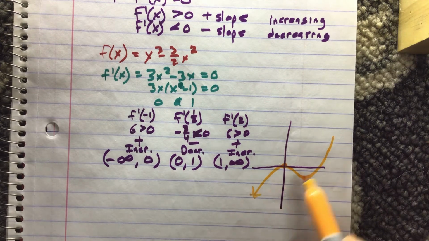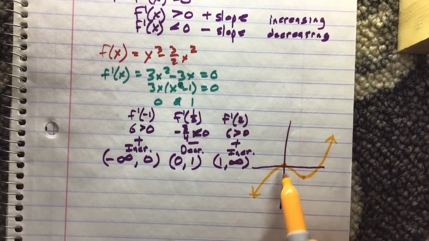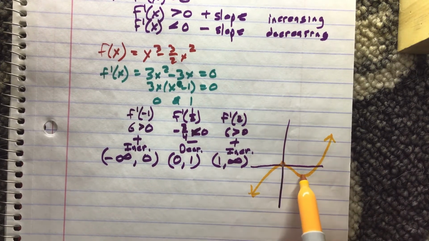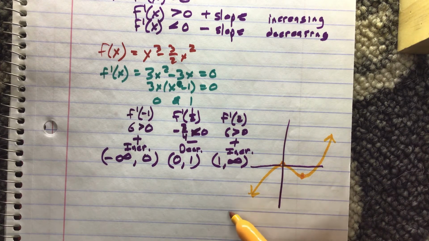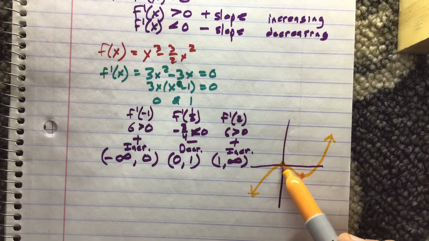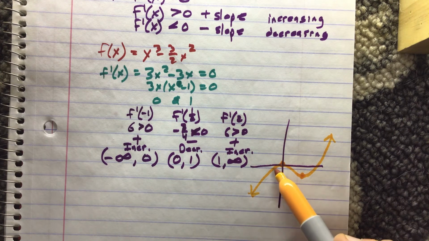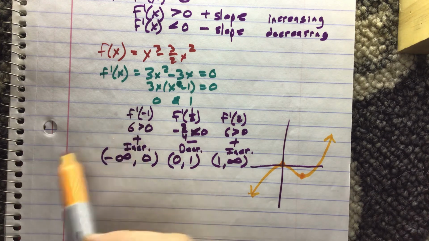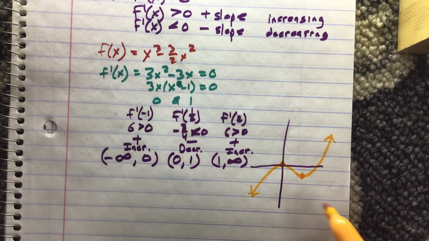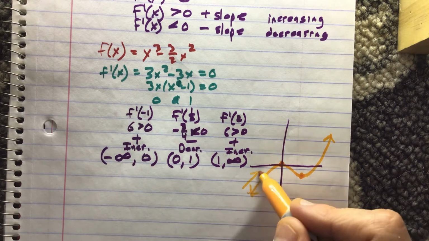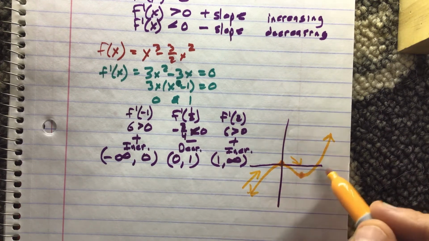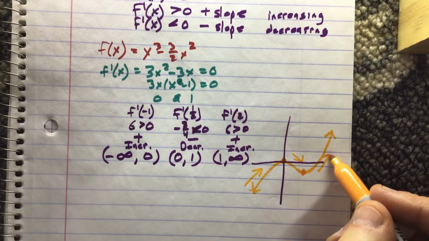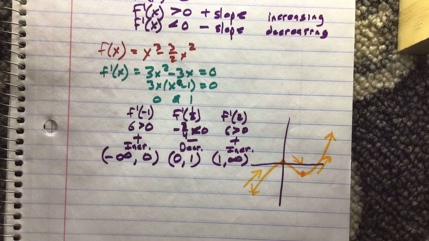Because those are the only two critical points, it's the only time that the slope is 0. It's the only changes that are going to occur. So that's why I can say from -infinity all the way up until that first critical point, this function is increasing. So any point that I would have used as a test value below 0 would have given me a positive answer. So this function is increasing, then it's decreasing, and then it's increasing. And those are the intervals. So that's finding intervals where the function is increasing and decreasing.